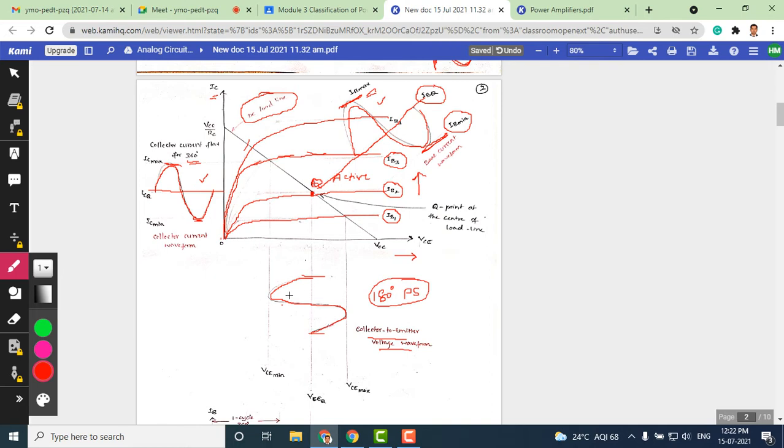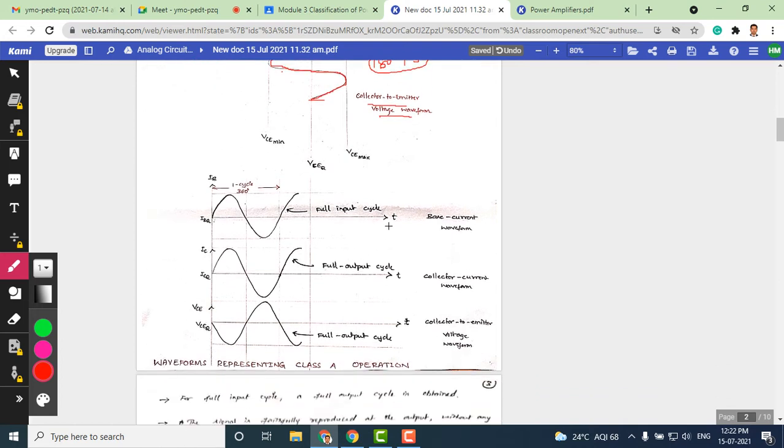So what we have understood from this, the more detailed waveforms are shown here below, for the class A power amplifier. The first one is the base current, as you can see here. We are interested in only one cycle, because later it replicates for other cycles.